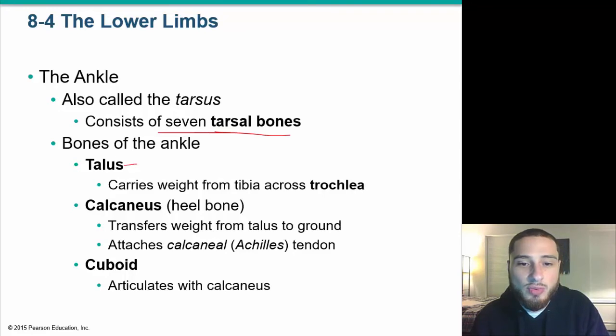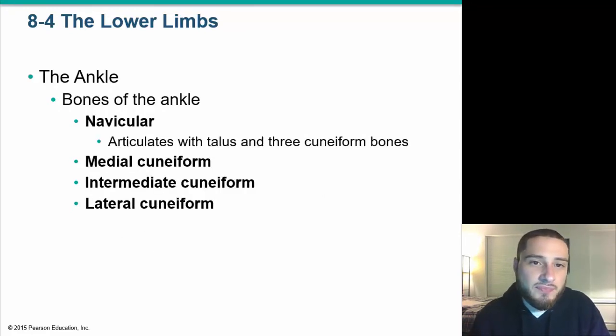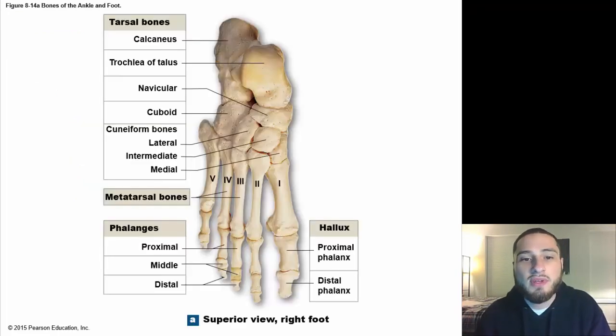We also have a cuboid, which articulates with the calcaneus. You have your navicular, another major ankle bone, then the medial cuneiform, intermediate cuneiform, and lateral cuneiform. Then you have your metatarsal bones, which we number the same way. Your big toe, or hallux, is number 1, and so on and so forth. And then you have your phalanges.